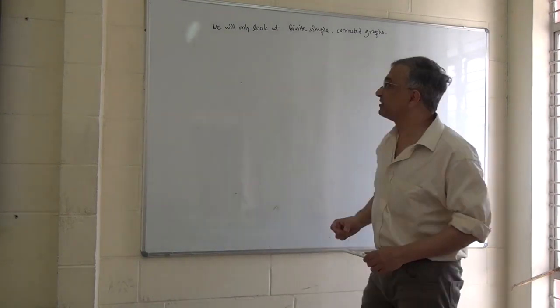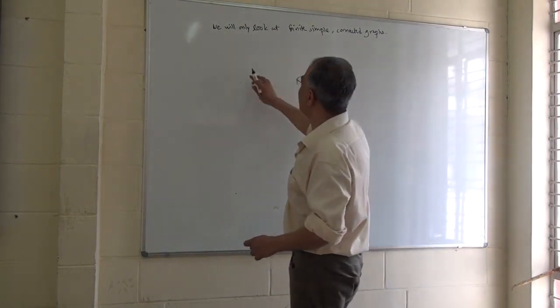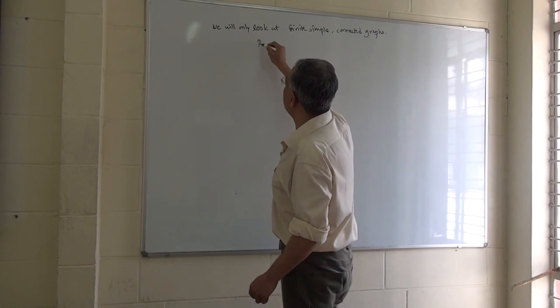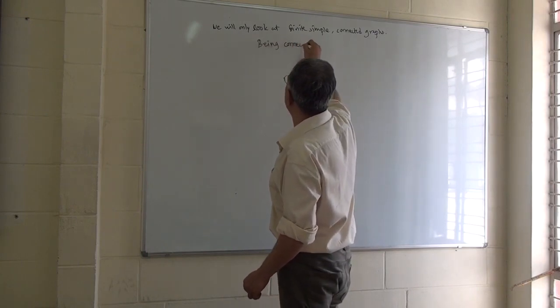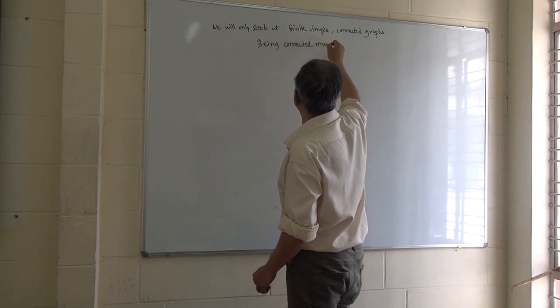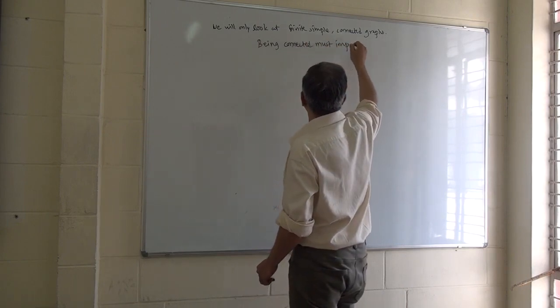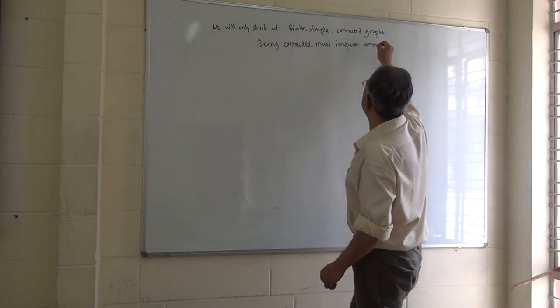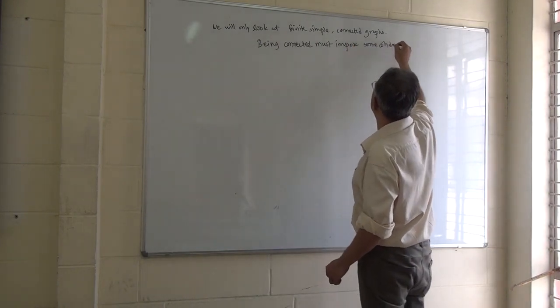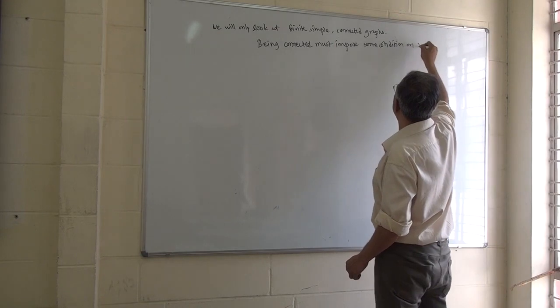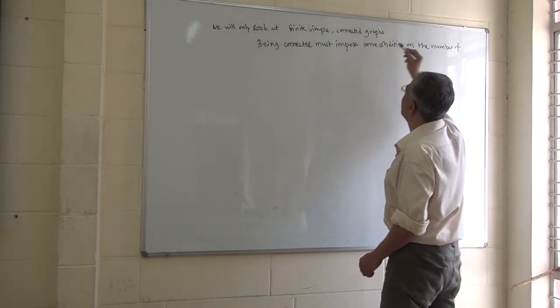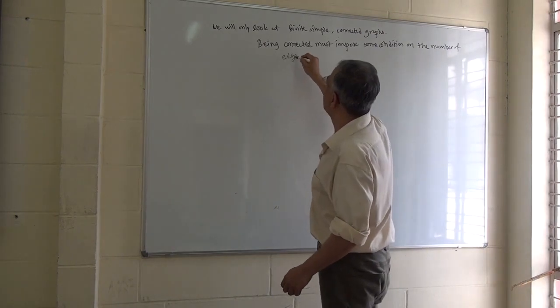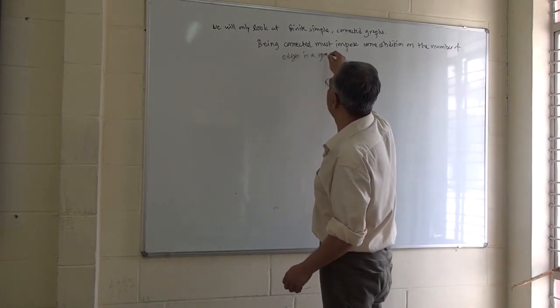So the first question that we can ask is that being connected must impose, this is a simple thing, some condition on the number of edges in a graph.